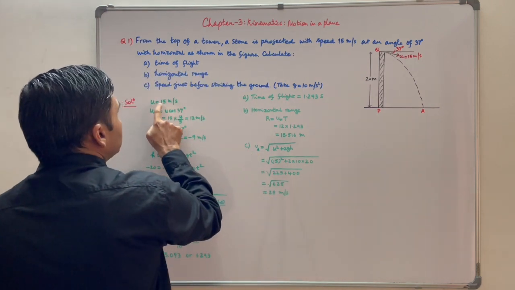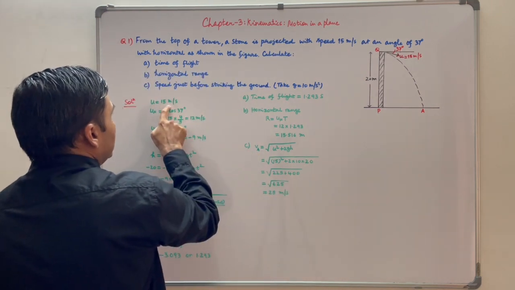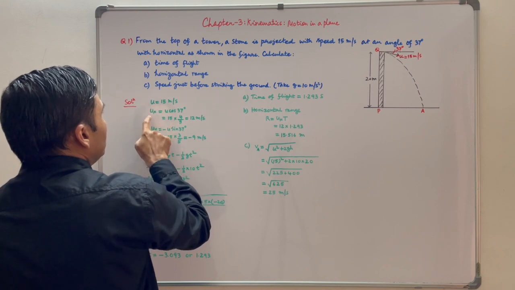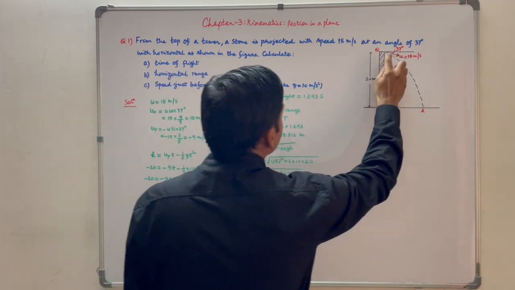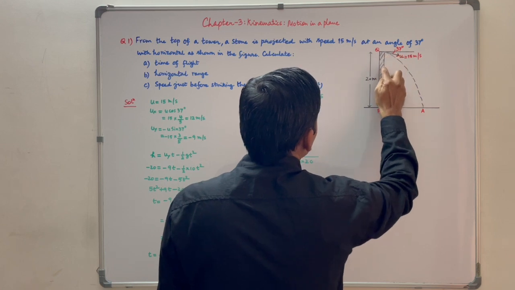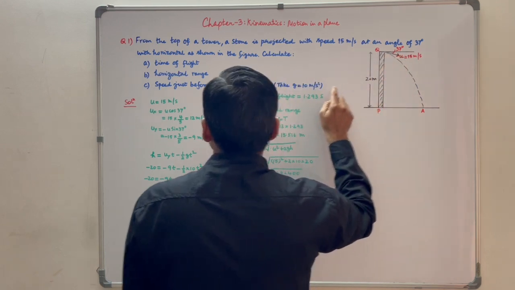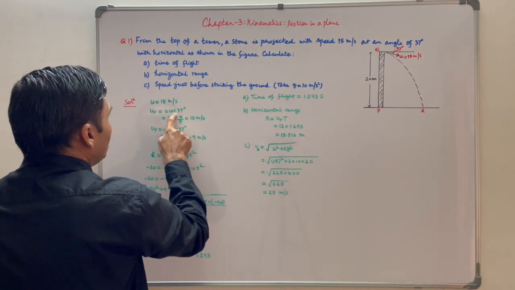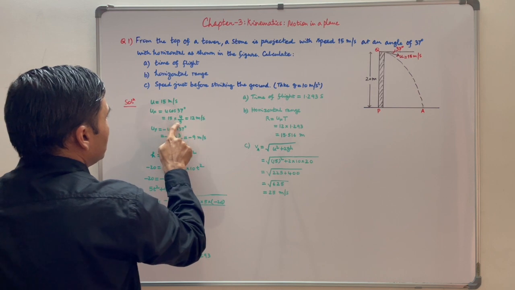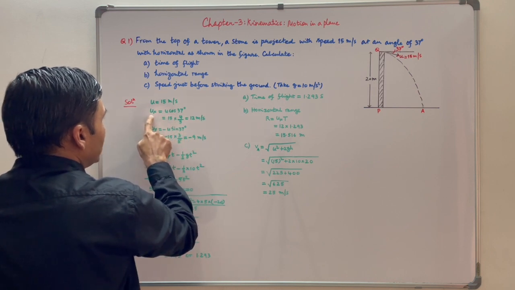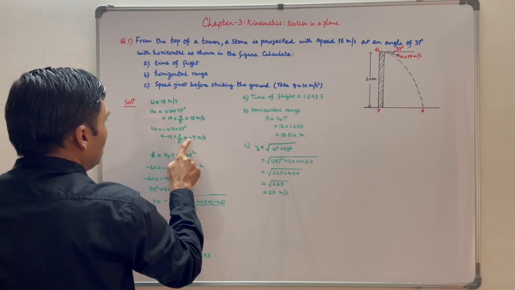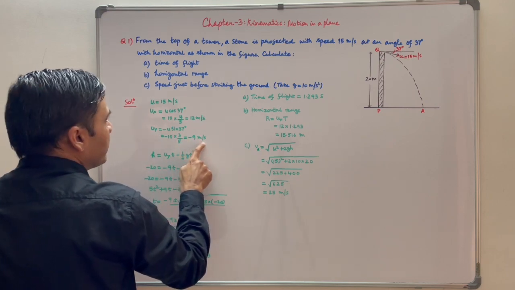u is given as 15 meter per second. ux, that is horizontal component of u, will be u cos 37, and vertical component will be minus u sin 37 degree. So ux is equal to 15 into value of cos 37 degree, which is 4 by 5. So ux is equal to 12 meter per second, and uy is equal to minus 9 meter per second.